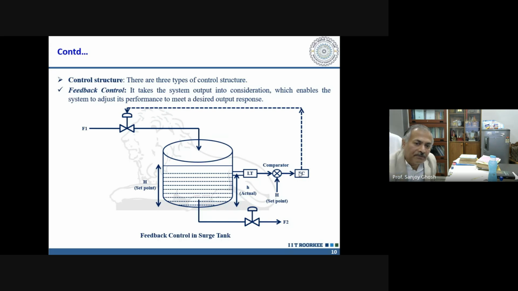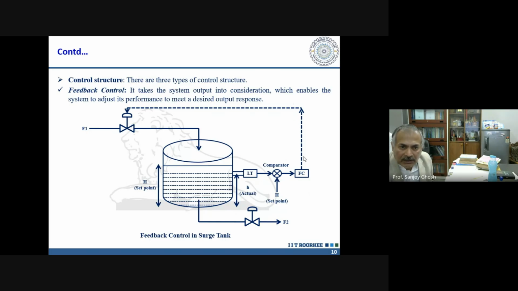FC is the controller. FC will say that the set point is 3.5 feet, but the actual height is what? 3.2 feet or 4 feet, right? Accordingly it will take the decision. If it is 4 feet, more than 3.5 feet, then what will happen? This valve will be opened more. So naturally either it will control this valve or it will control this one.